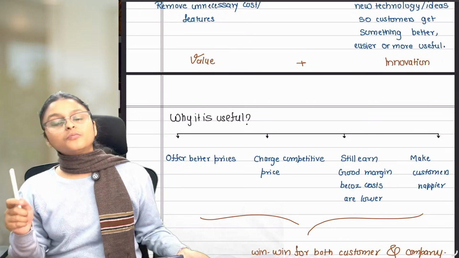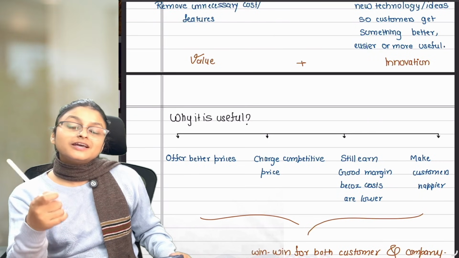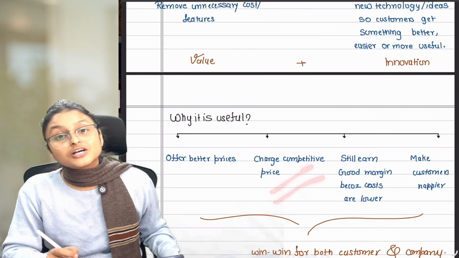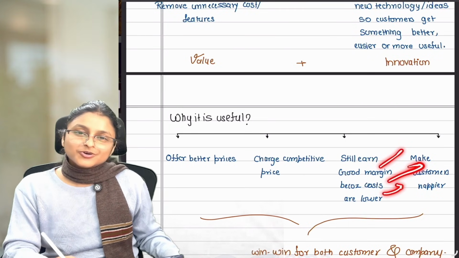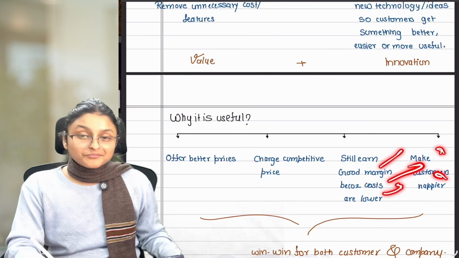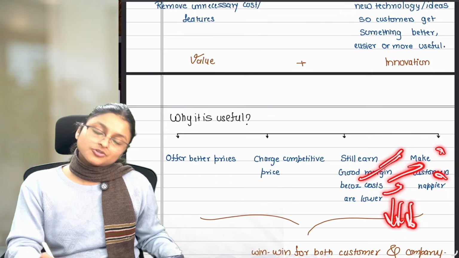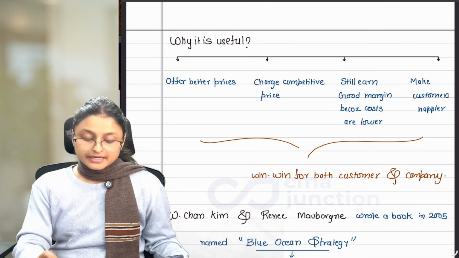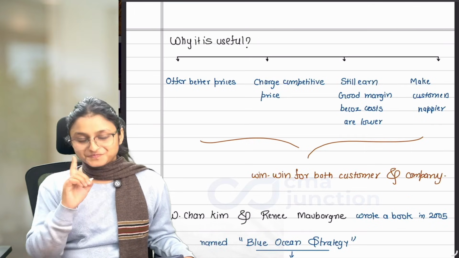But they still introduced a subscription model which was less costly and more efficient for the customers, and hence they were able to charge better prices and still earn good margins because costs are also lower. As you have built completely new technology, you are able to reduce cost and earn good margins in it. Hence, when innovation happens, it is a win-win for both customers and the company.